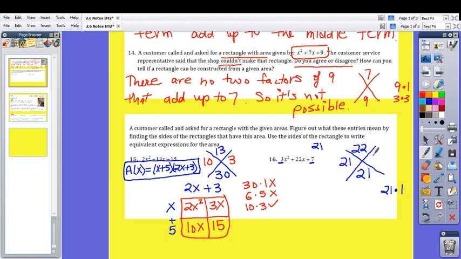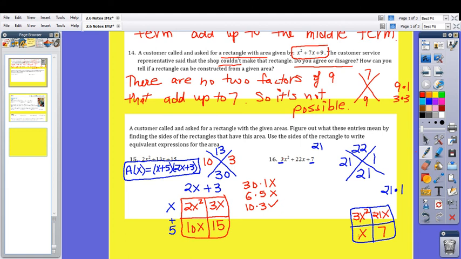So 21 and 1. So now let's put it together. So 3x squared will go here, okay. Then let's put this 7 here first. 22x you split as 21x and 1x. So let's put 21x here and 1x here.